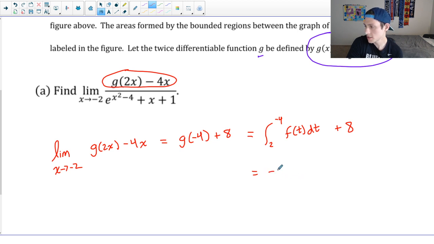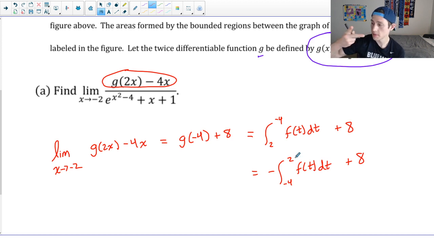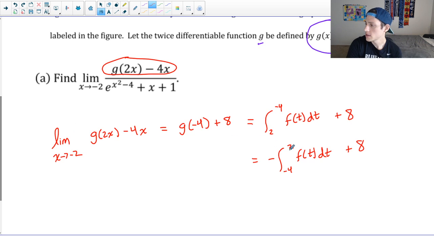So remember, we can always switch the upper bound and the lower bound, but if we do switch them, it will introduce a negative sign here. Okay, so the integral of f from -4 to +2.